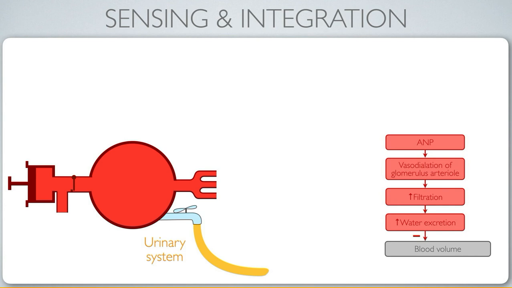Now, it's not just the major arteries that are inflated by a large blood volume. The chambers of the heart also are influenced. And this is one reason why hypertension is dangerous, is that it strains the muscular walls of the heart. So here we have the heart shown in gray. As the heart beats, it expands, and that expansion stresses the walls, and it requires that the muscles generate more force.